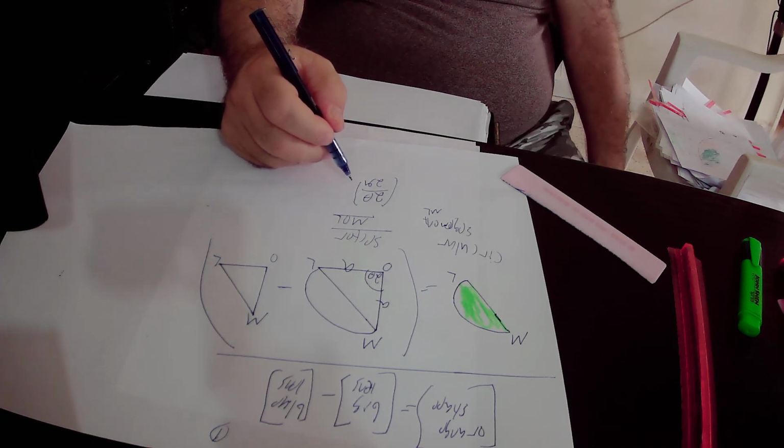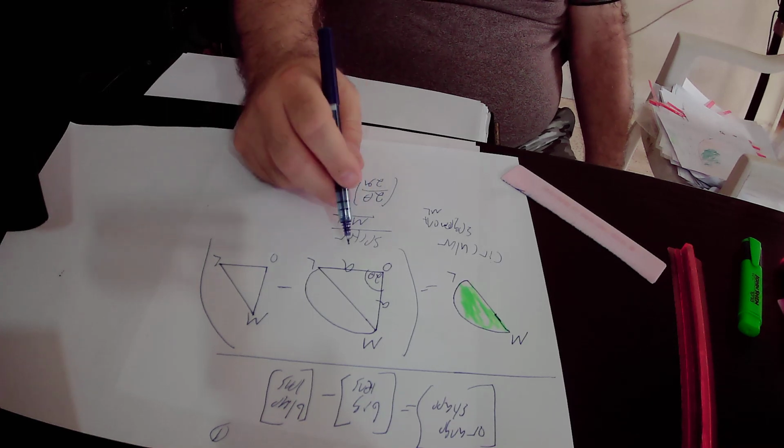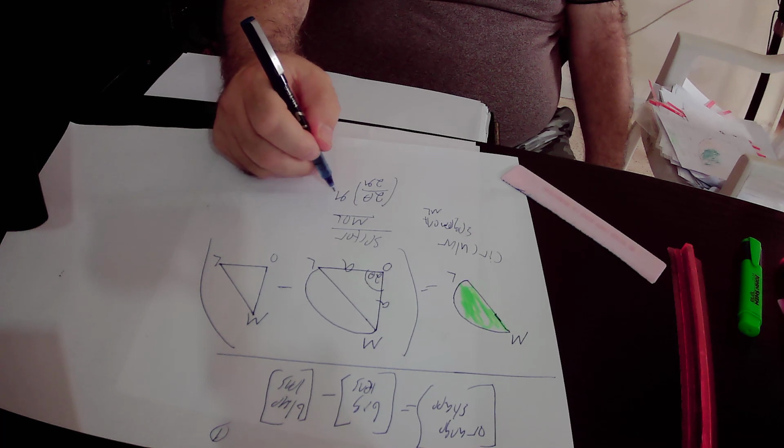So here the area of the circle is pi r square and r equals a, so it is pi times a square.